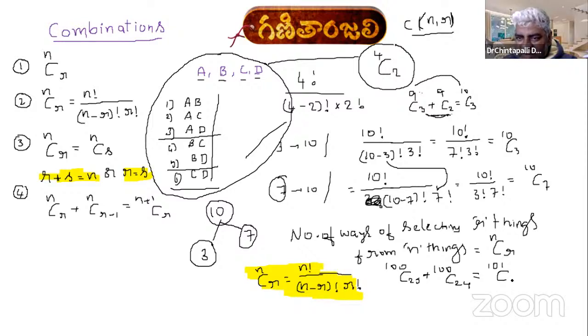Now, the next formula: nCr by nC(r minus 1) is equal to (n minus r plus 1) by r.